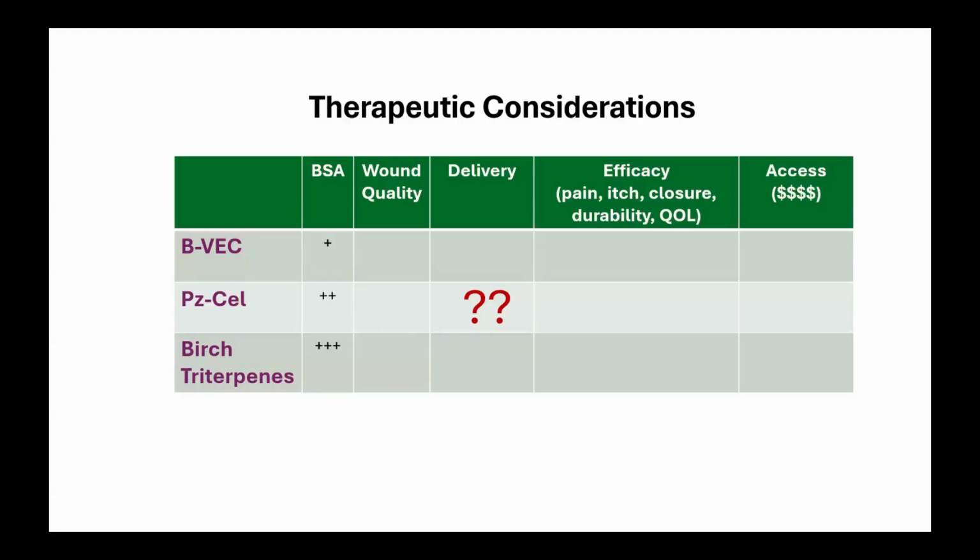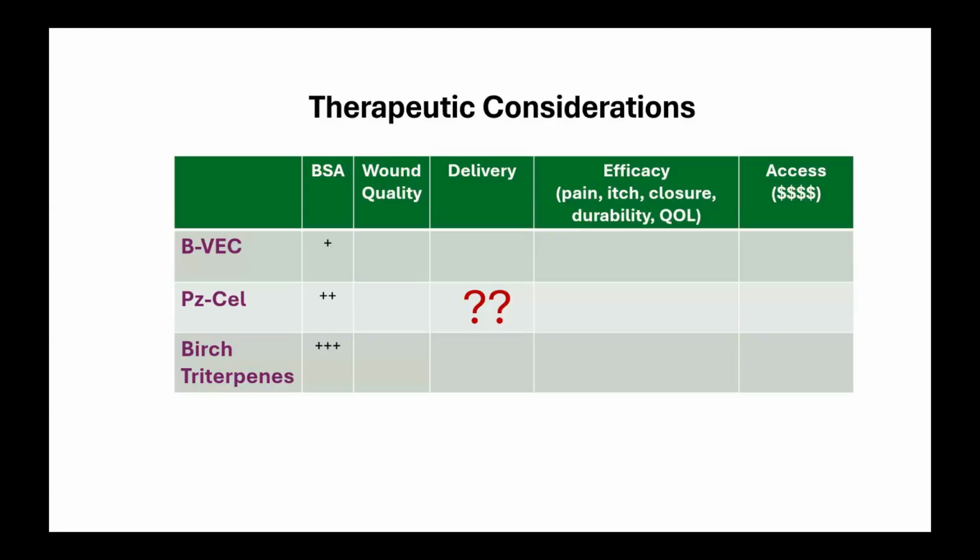Delivery of the treatment itself, whether it's in clinic, at home, or requires surgical intervention, is oftentimes an important part of the decision-making we have to factor in. But also the size of the wound and the disease burden itself, how big of an area the patient, parents, and family are interested in addressing with these therapies.